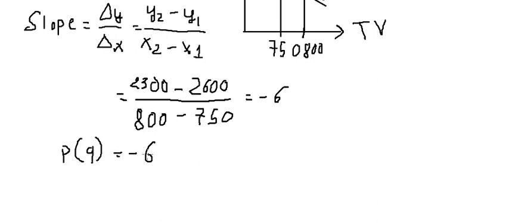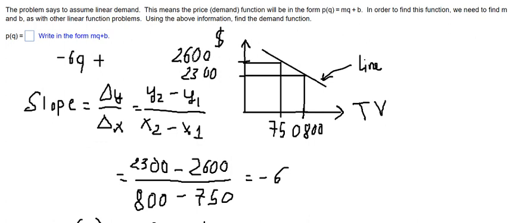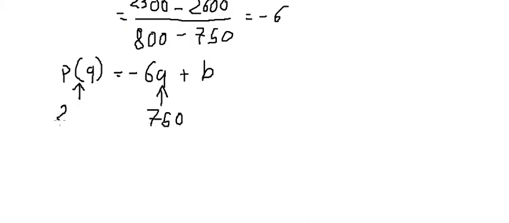We put negative 6 in here. The TV quantity, 750, I will put in here. And the price of the demand, I will put 2600. So we can find the value of b.